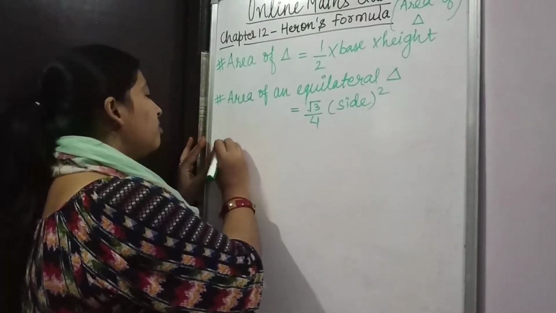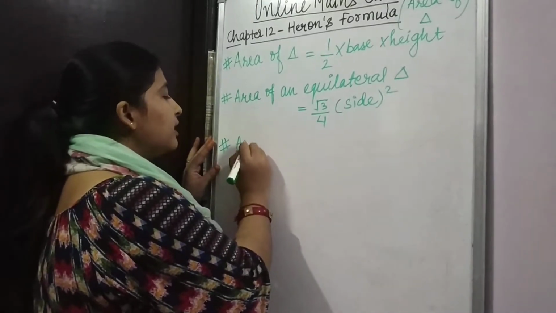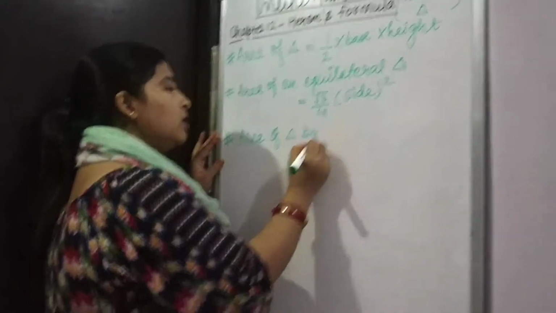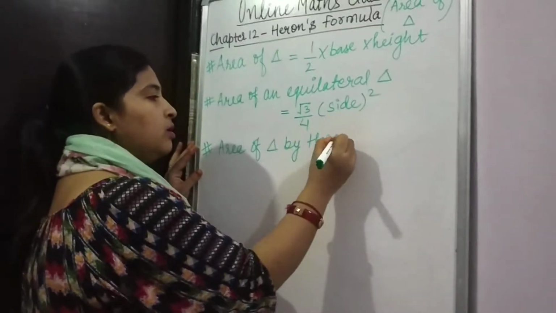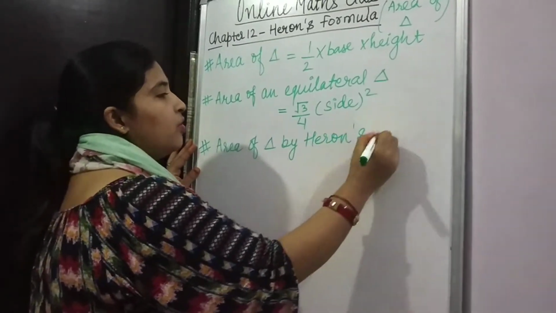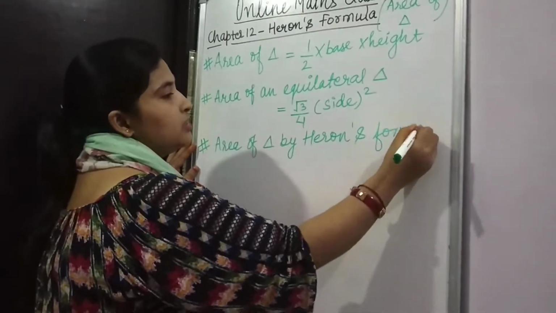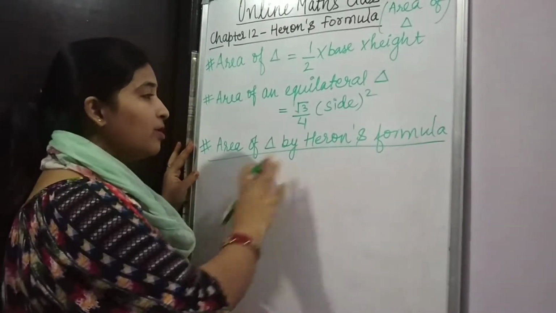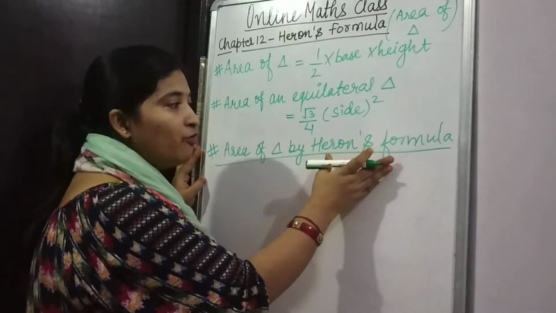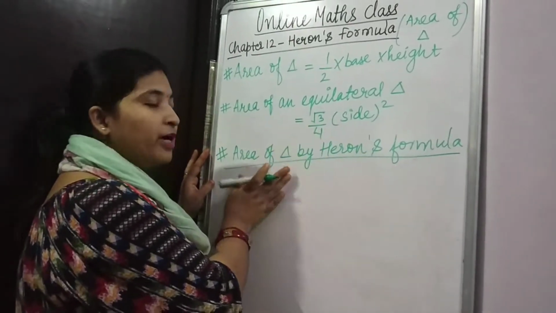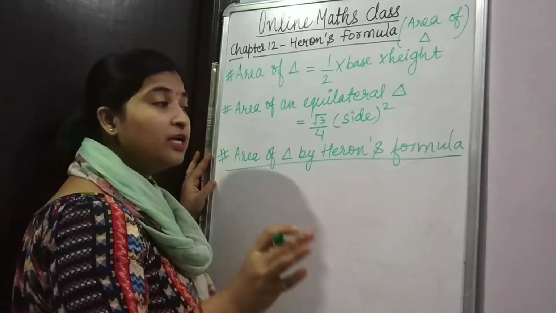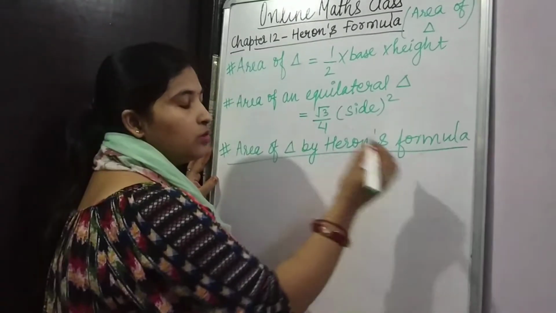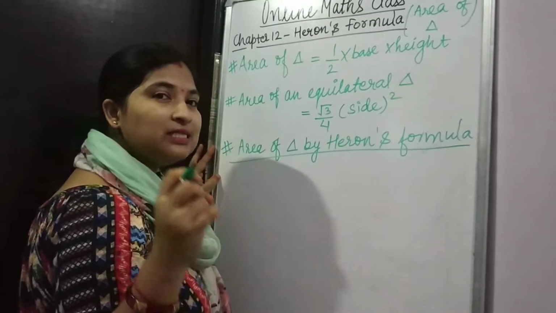Now the third formula is the area of a triangle by Heron's formula. That is your next topic. So what is Heron's formula? Basically, Heron's formula is a formula by which we can find the area of any triangle whose all three sides are given to you.